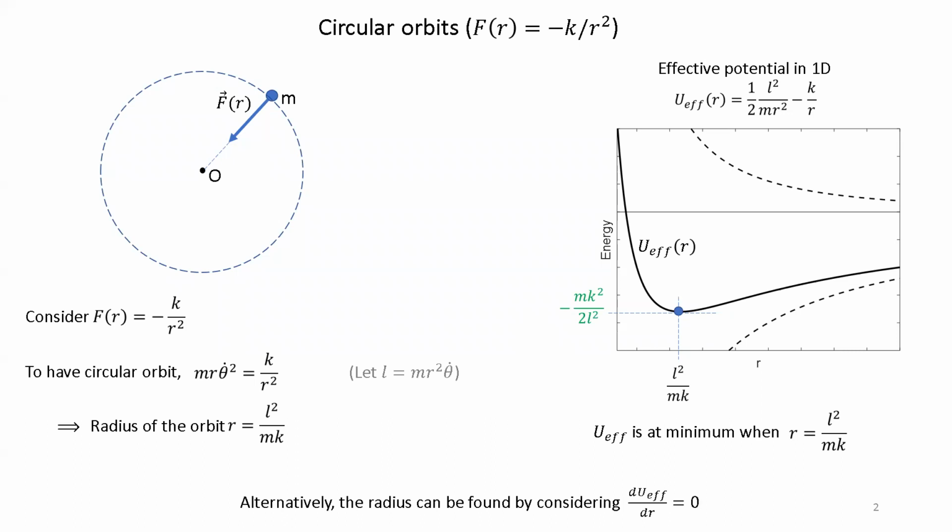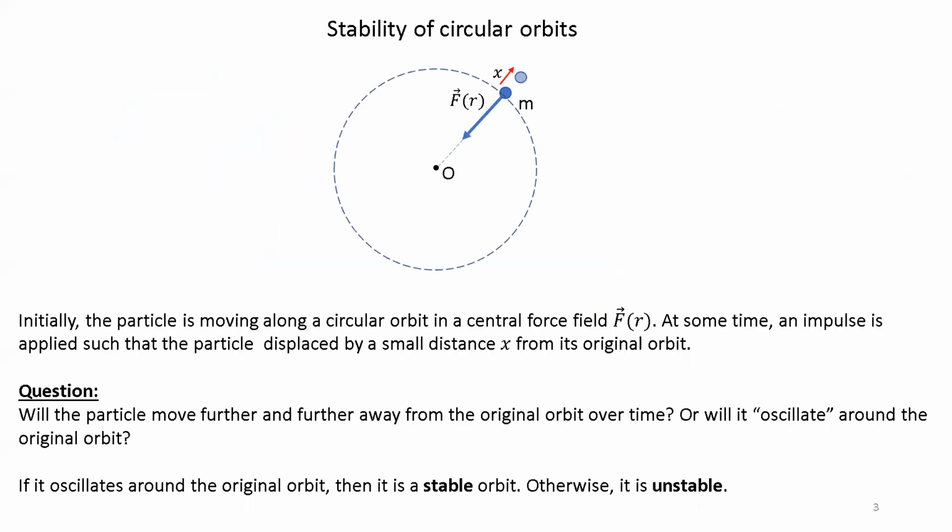Then what do I mean by stability? Just imagine the following situation. Initially I have this particle moving around a circle like this. As I mentioned a few minutes earlier, the central force does not have to be 1/r squared, but the example I just gave is 1/r squared. Imagine this particle moving in a circular orbit due to a central force F(r).